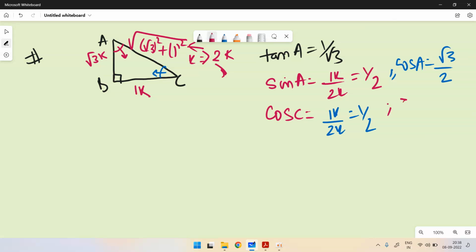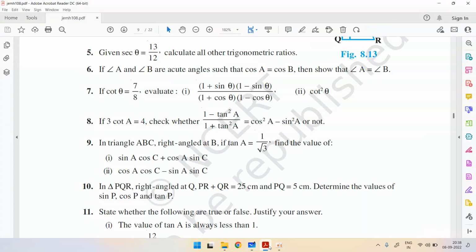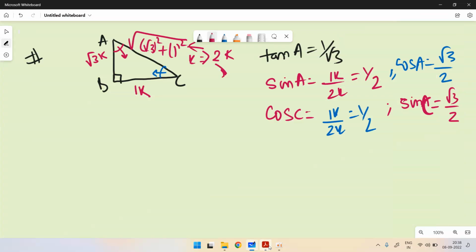And sine C will be perpendicular by hypotenuse, which is root 3 by 2. So we have cos A, cos C, sine A, sine C.